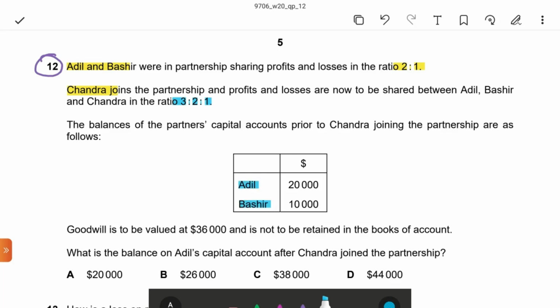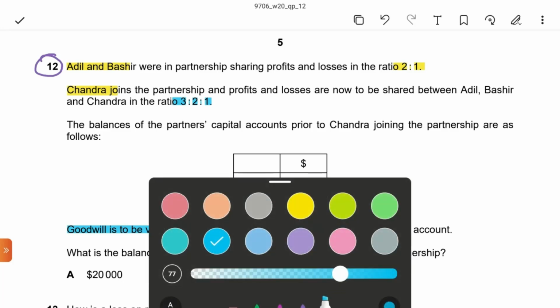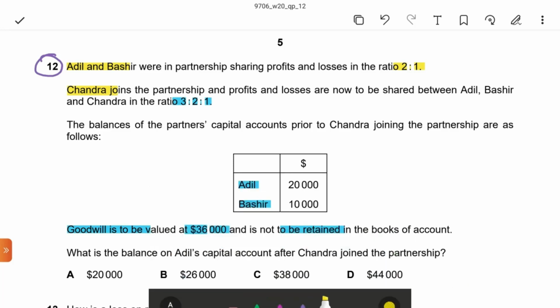Adil and Bashir's balances are given. Goodwill is to be valued at 36,000 and not be retained in the books. What is the question? What is the balance on Adil's capital account after Chandra joined the partnership? Here, Chandra is the new partner, Adil is the old partner.